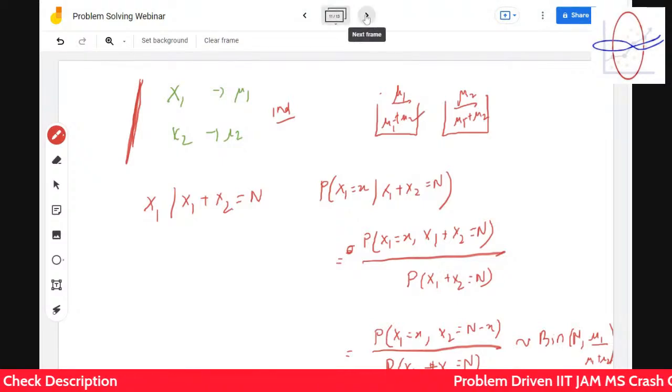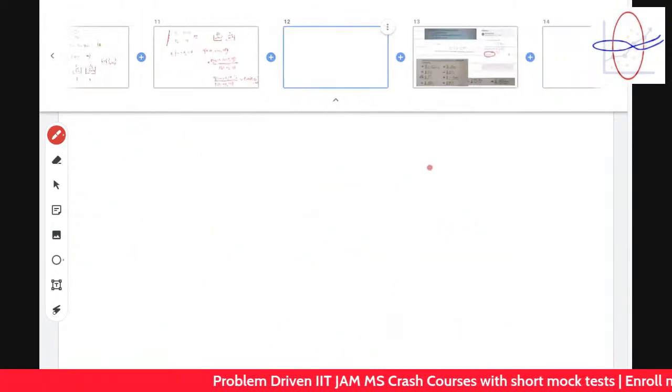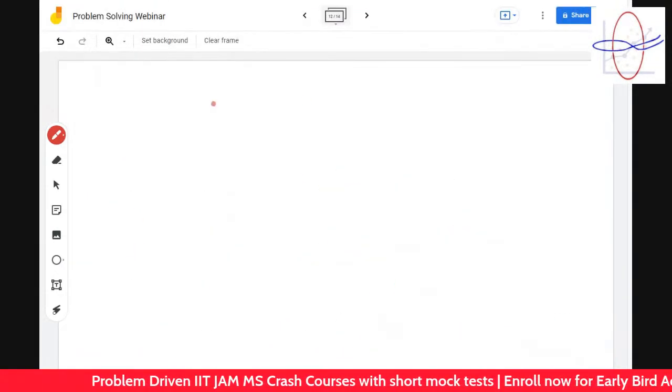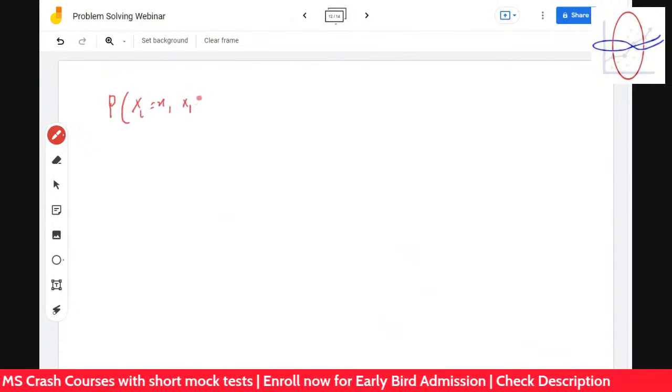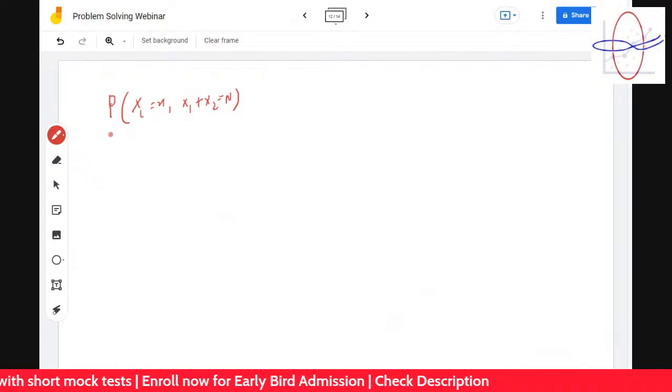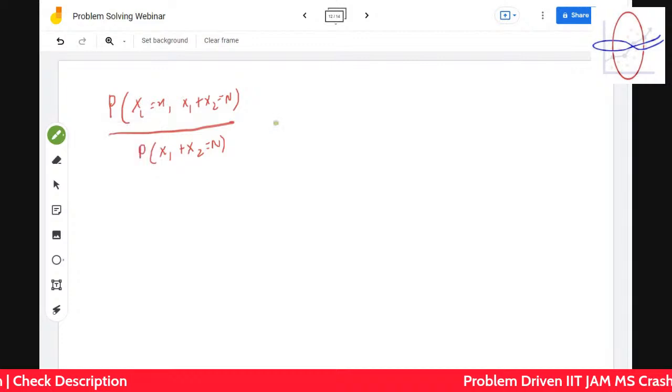Let's say we're trying to understand this: probability x1 is equal to x and x1 plus x2 is equal to n, divided by probability x1 plus x2 is equal to n. What will this be? Not in the general case.